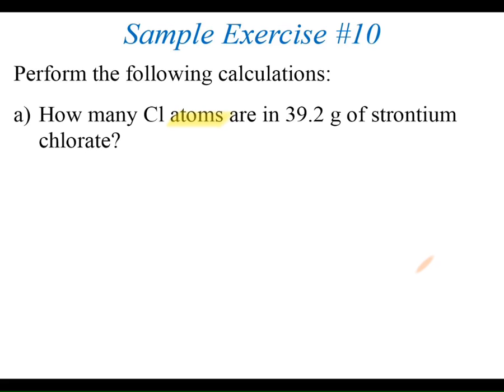Atoms tells me I'm going to have to use Avogadro's number. 39.2 grams tells me I'm going to have to use molar mass. And the new clue is the atoms are of chlorine, the grams are of strontium chlorate. So I have two different things, which tells me I have to use the mole-to-mole ratio.